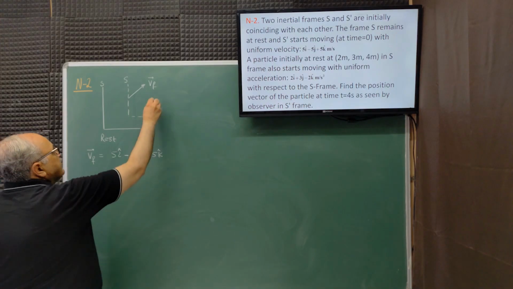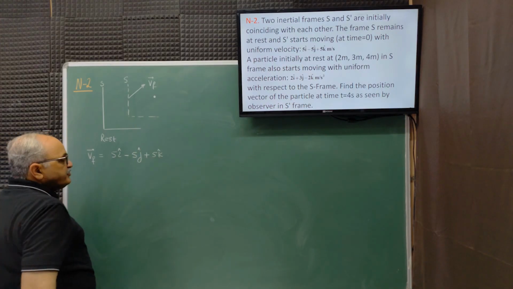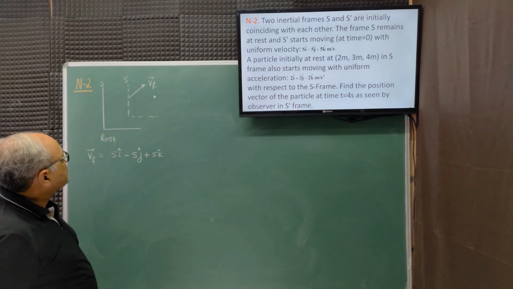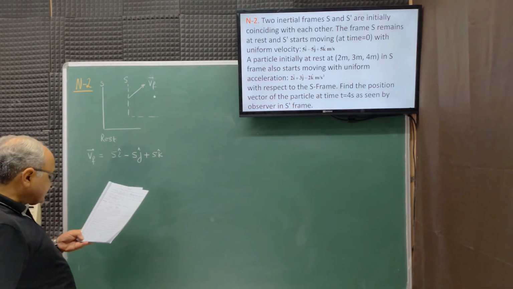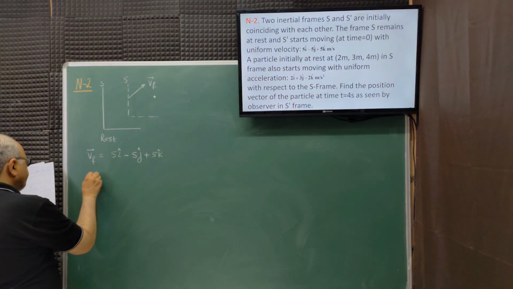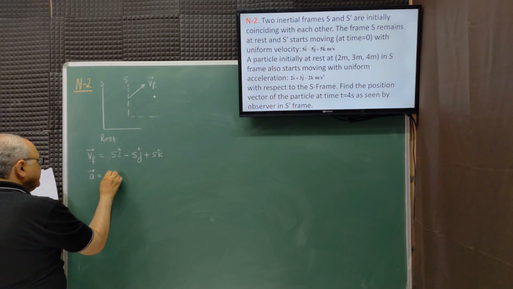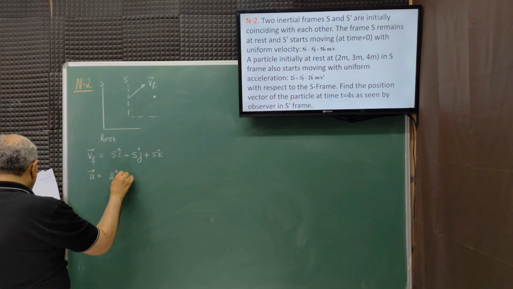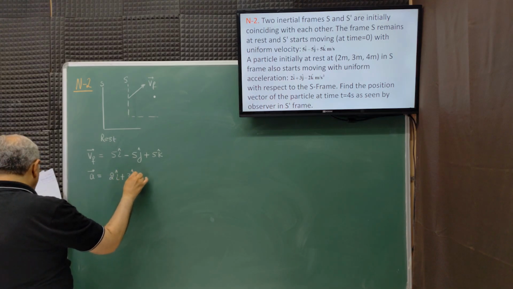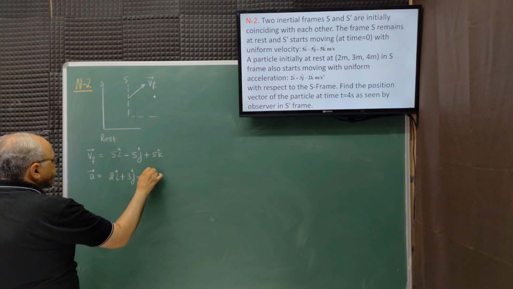And there is a particle which is initially at rest, and now starts moving with an acceleration a given as 2i cap plus 3j cap minus 2k cap.